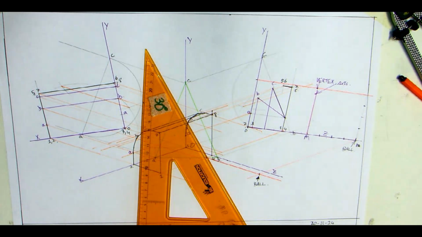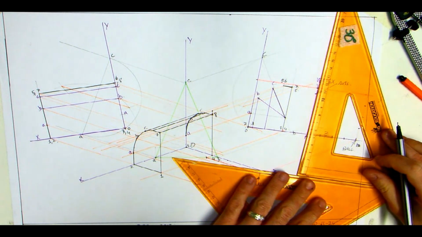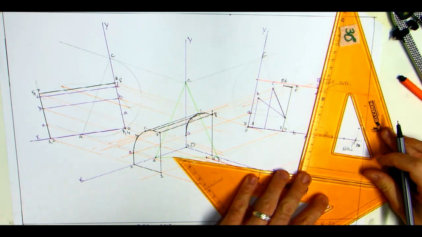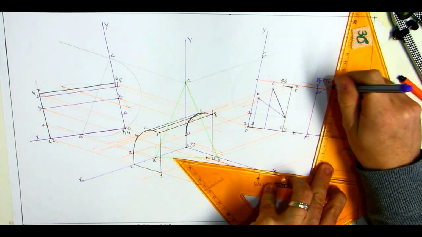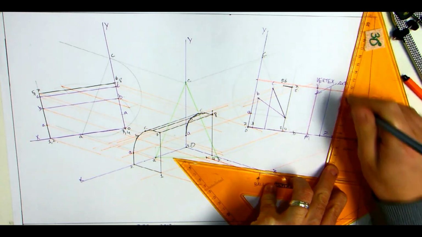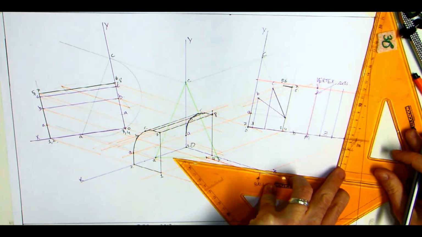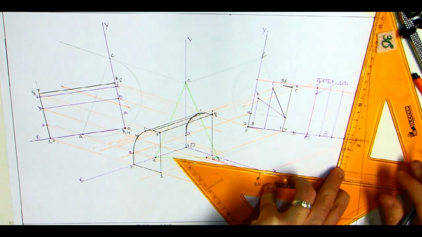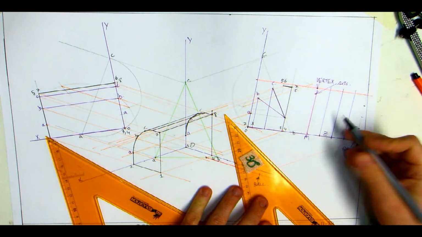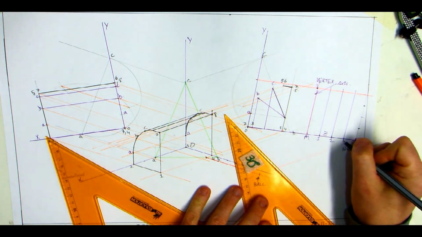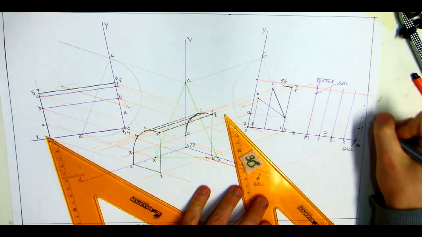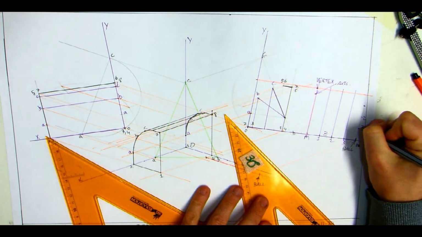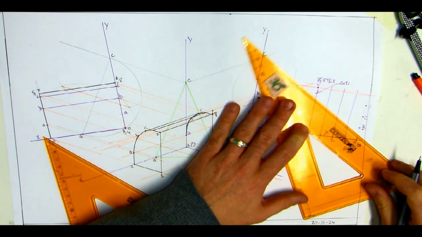Now, when you're doing a parabola, one set of lines always goes parallel to the axis, and one set of lines goes to the vertex. So these 1, 2, and 3 are going parallel with the axis, and the other 3, 2, 1 go to the vertex.